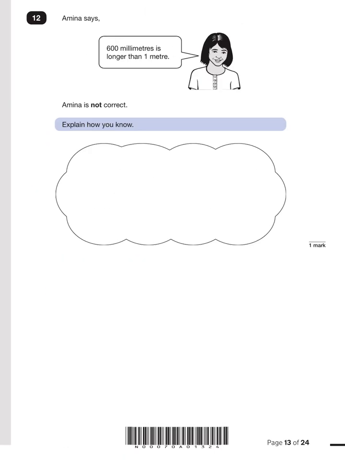Number 12. Amina says 600 millimeters is longer than 1 meter. Amina is not correct. Explain how you know.